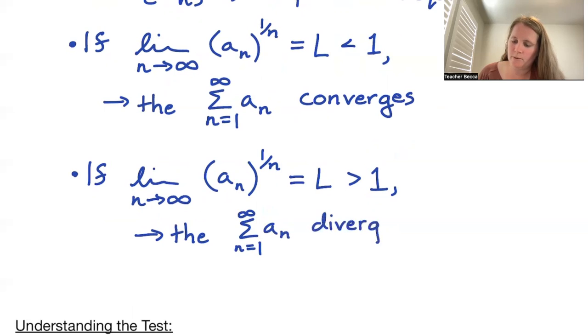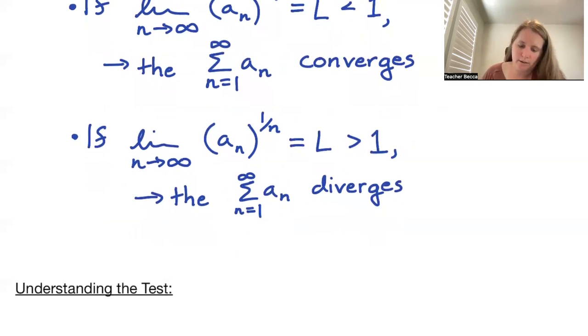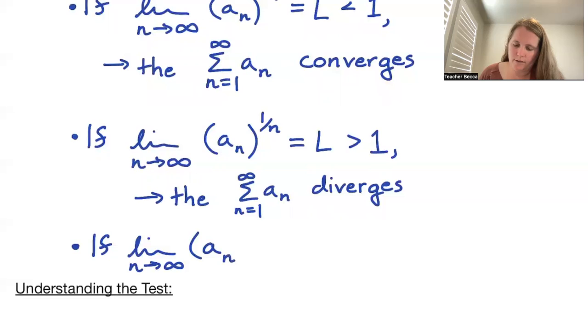And just like with the ratio test, if the limit happens to equal 1, so if the limit as n goes to infinity of a sub n raised to the 1 over n equals 1, then once again, we need a different test.